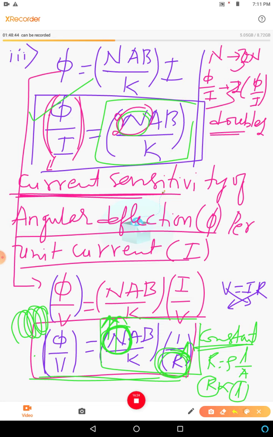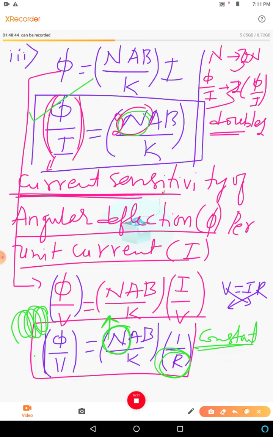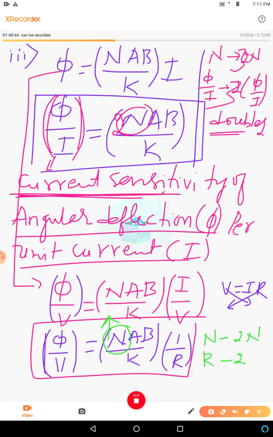For example, if n becomes double, n becomes 2n, then r becomes 2r.